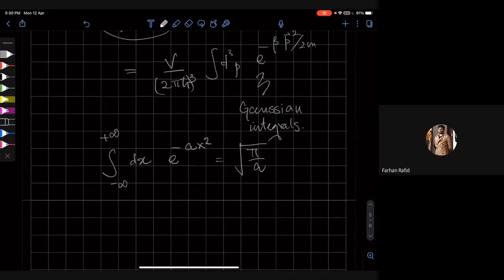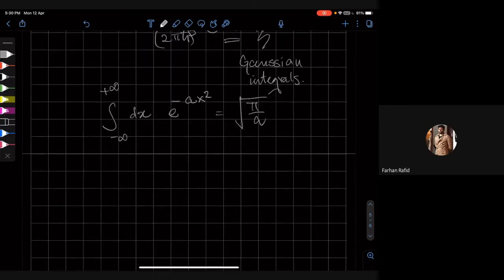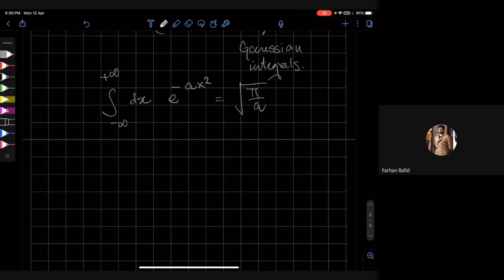So here we use it 3 times for the 3 integrals. If I do that, just 2 lines of algebra tells me that I get V, and then m kBT divided by 2 pi h bar squared, to the power 3/2.